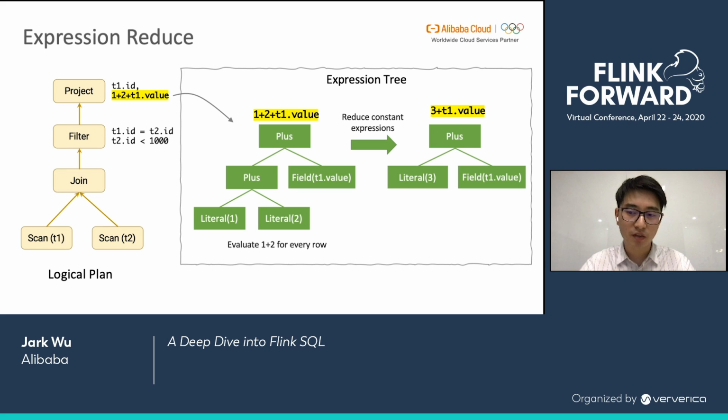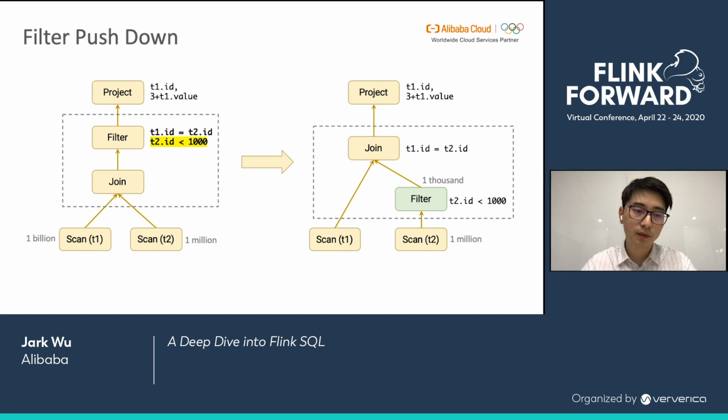We can evaluate 1 plus 2 into 3 and convert the left tree into another tree, which is just 3 plus T1.value. And these two trees are equal because they produce the same result. So this is a simple optimization to remove the 1 plus 2 computation for every row during runtime.